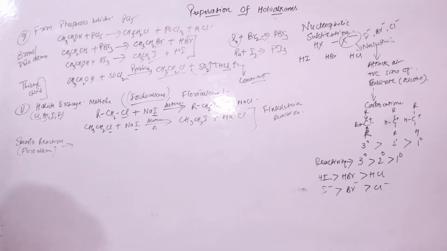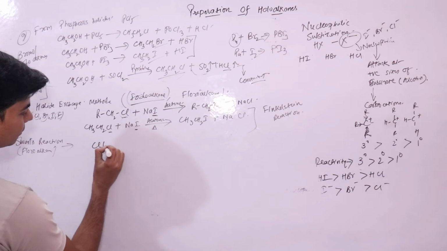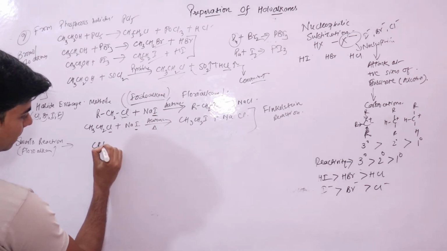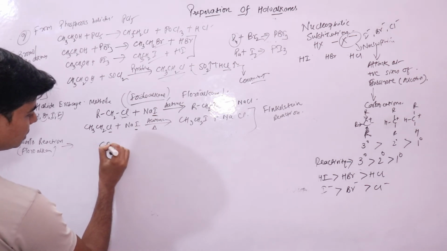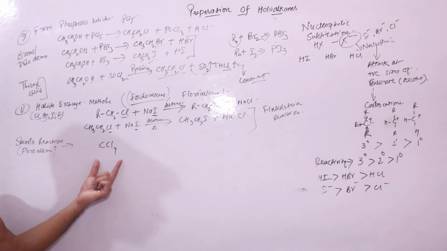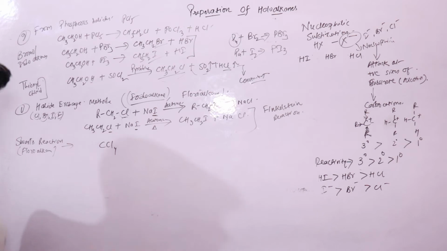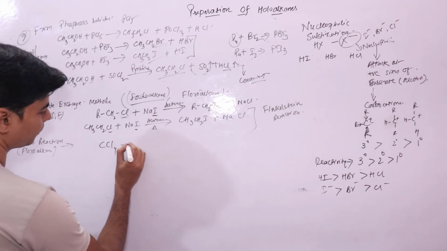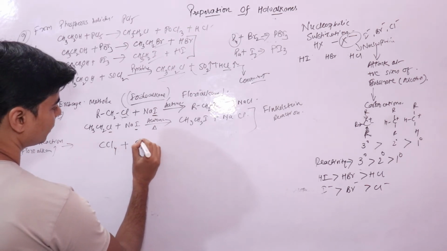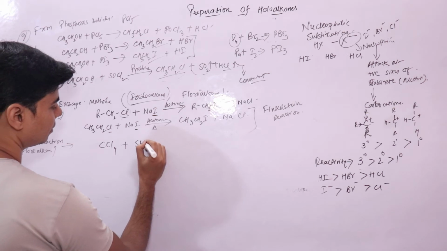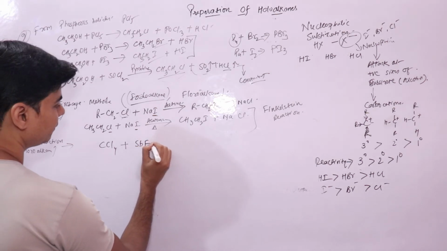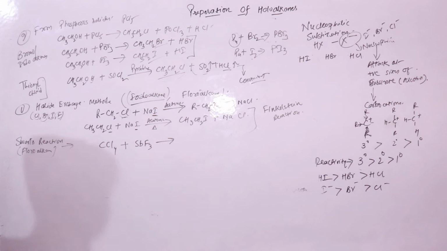Let's do this reaction so that we can understand. You take a chloroalkane, CCl4. This is a chloroalkane, where in methane all hydrogen atoms are replaced by chlorine atoms, plus you have SbF3. Since you are preparing a fluoroalkane, we use SbF3.